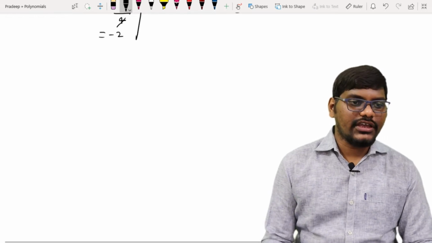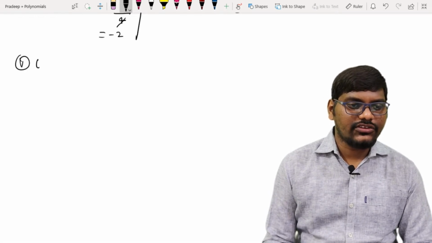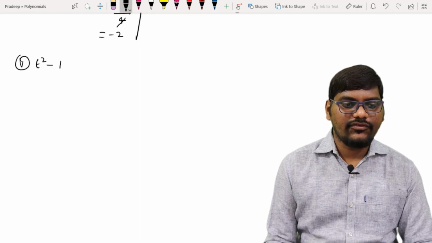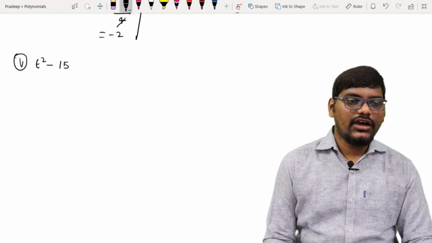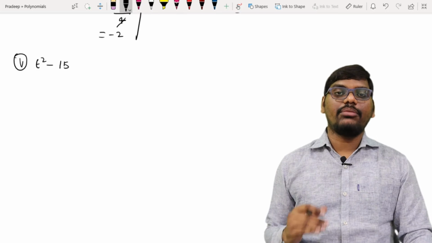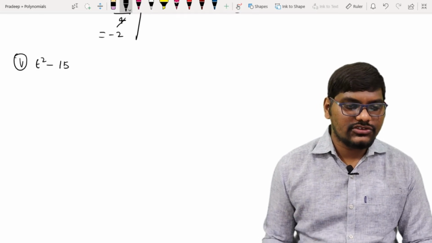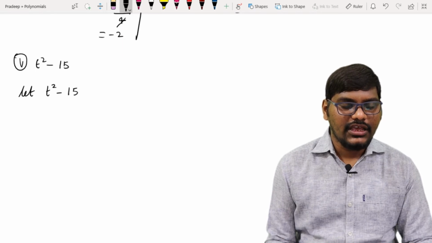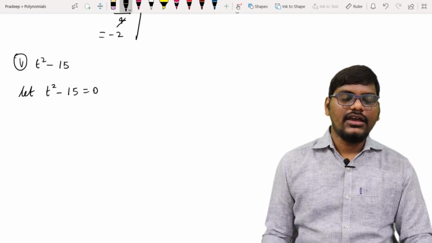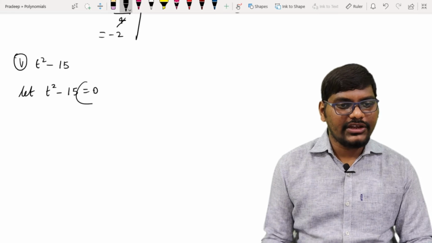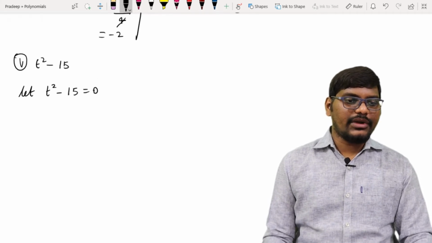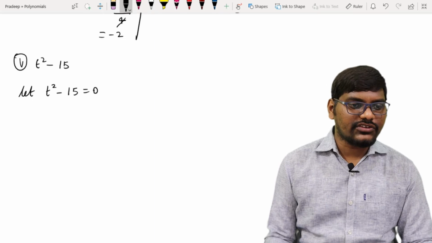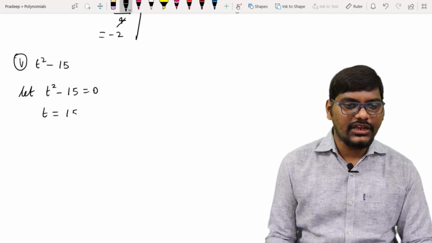So let's see the next question, that is t square minus 15. This is also a quadratic equation because the power is 2. So let's do this. Let t square minus 15 equal to 0. So this is the question where we made it equal to 0. In this particular one, if we send this 15 to the other side, this becomes t square equal to 15.